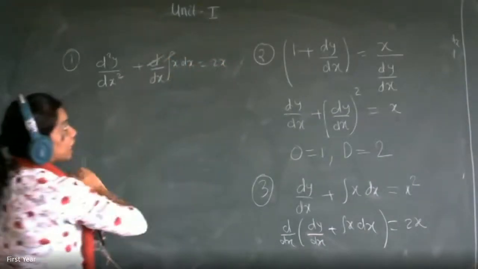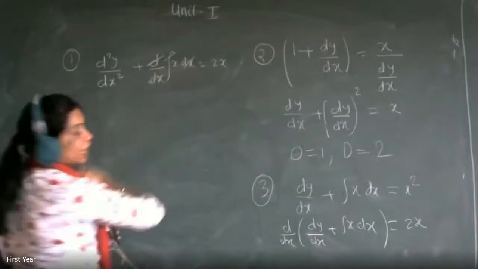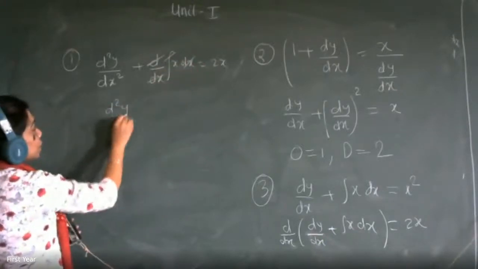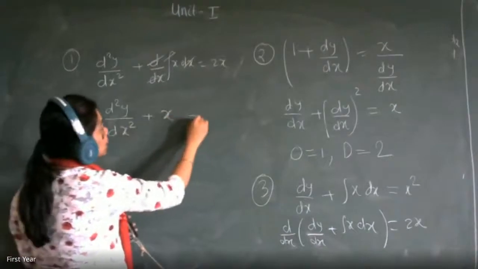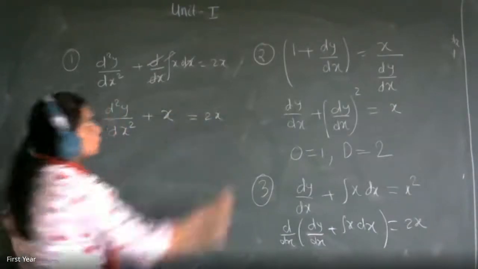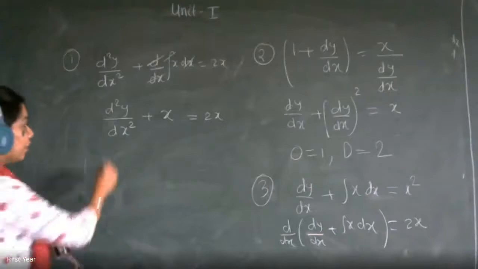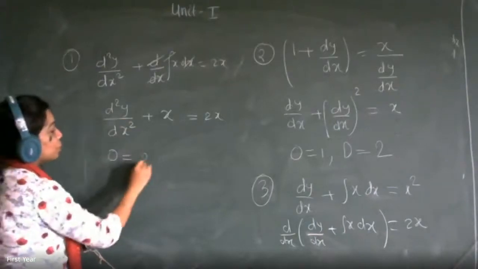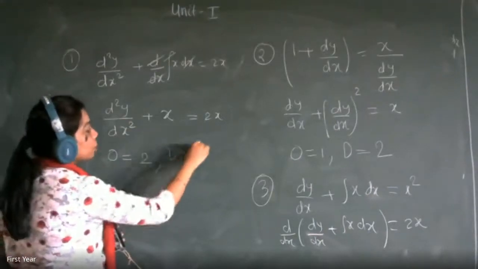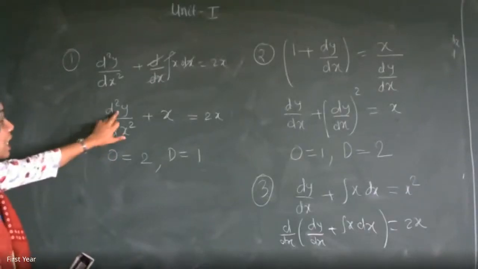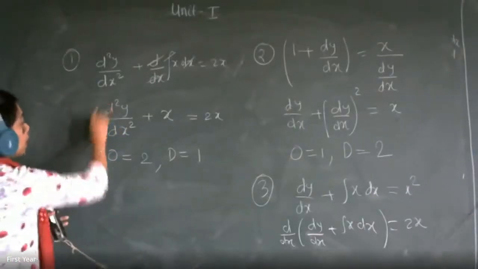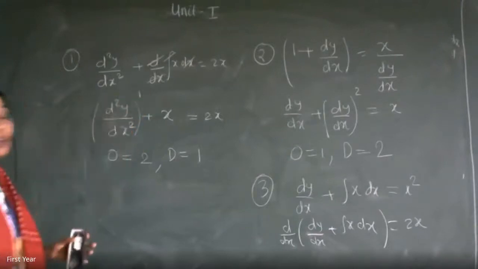Derivative and integration cancel, dx and dx cancel, and then your equation is d2y by dx square plus x minus 2x is equal to 0. Therefore the order of the differential equation is 2 and the degree is 1. What is the highest order derivative? The second order derivative. What's the power of that? The power is 1. Therefore the degree is 1.